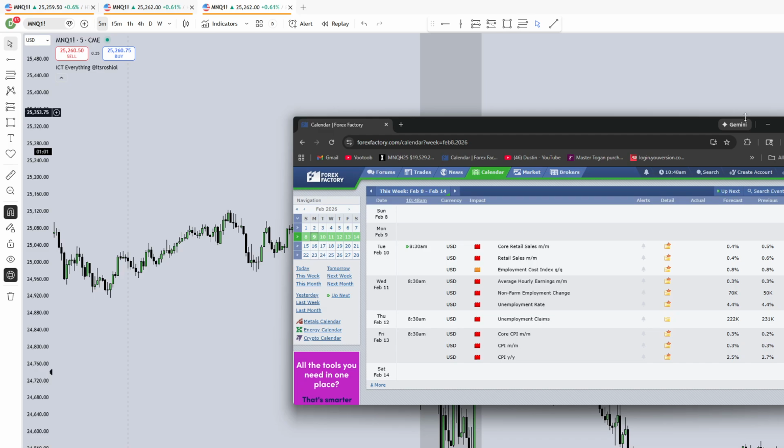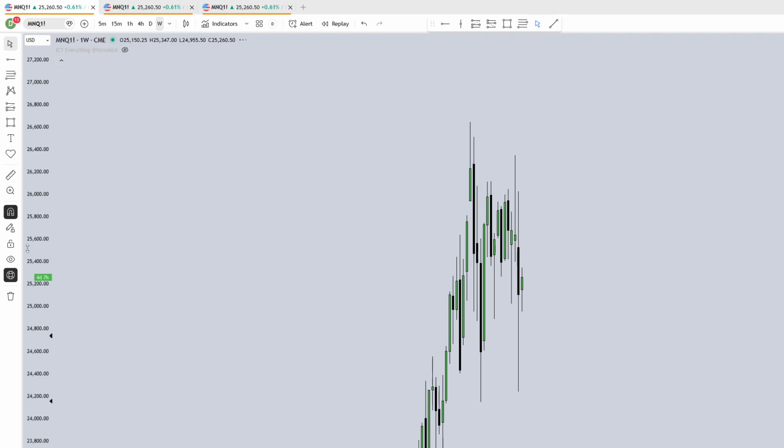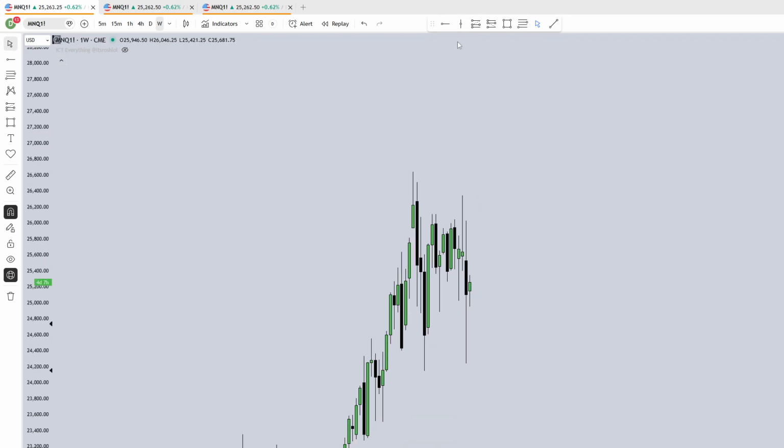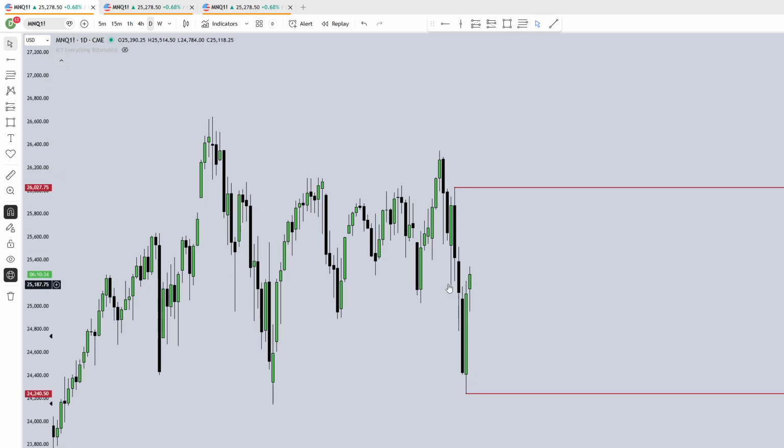So go down to a weekly chart, and I'm just going to draw where I think this week's going to go. We've been in this consolidation. As a framework, I can just use the previous candle's high and low. That gives me a range. I can go down to the daily chart and refine that range. Today is Monday. This is today's candle.